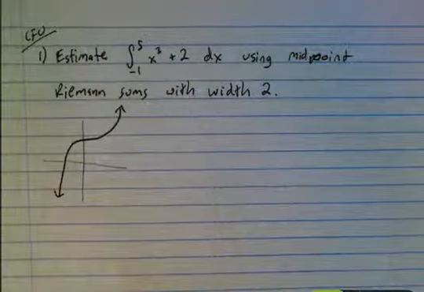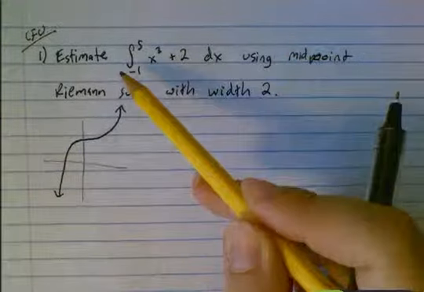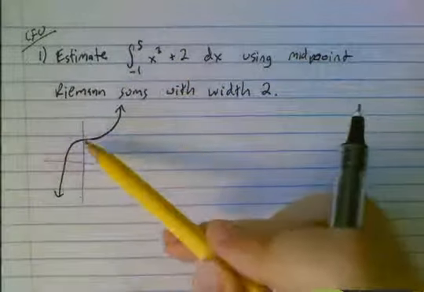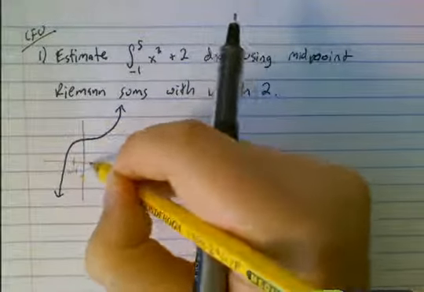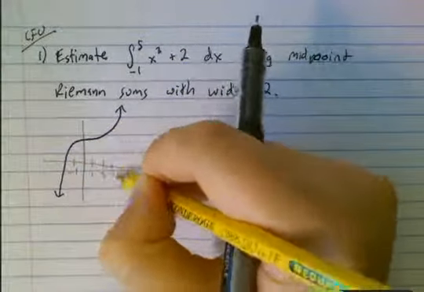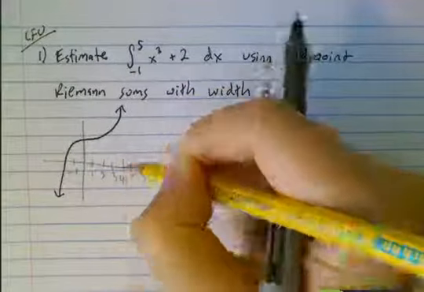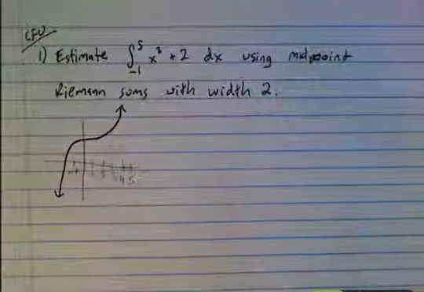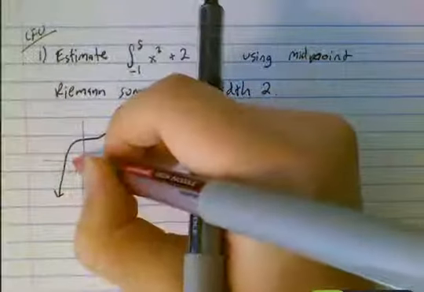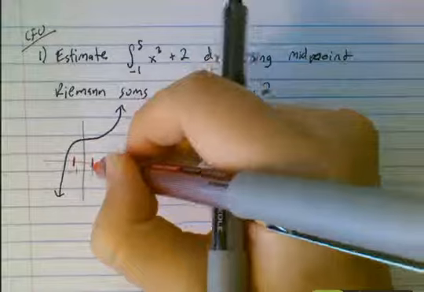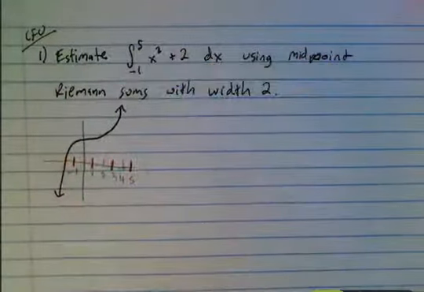We don't have to be real precise with this sketch, but we do know that x cubed kind of looks like this, and we do know that plus 2 moves it up, so that means it's going to look approximately like this. So we've got negative 1, 1, 2, 3, 4, 5. And we know that we're doing sums of width 2, so that means we're going from negative 1 to 1, from 1 to 3, and from 3 to 5.